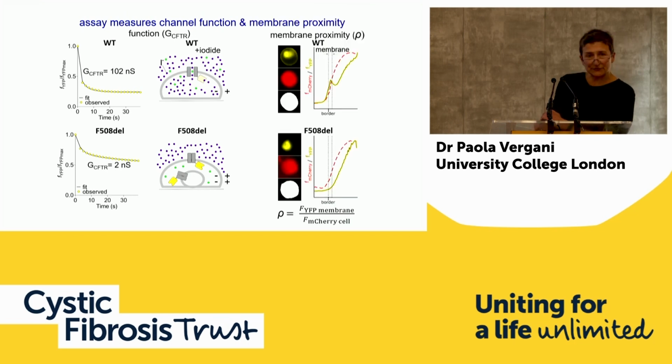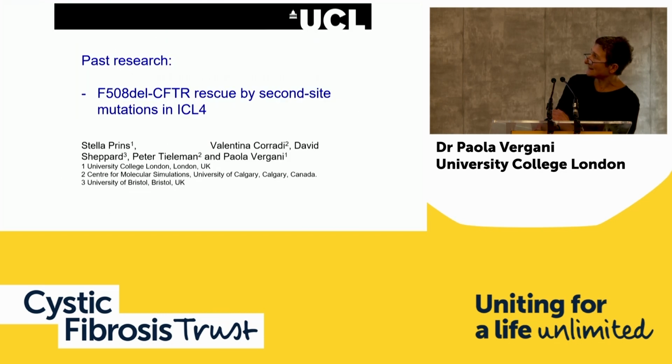But we can also monitor the biogenesis of CFTR, and we do that by exploiting the mCherry fluorescence, which helps us define the boundary of cells and also define a membrane zone very close to the boundary. We can see how much YFP fluorescence there is in this membrane zone, and normalize it by the mCherry fluorescence.